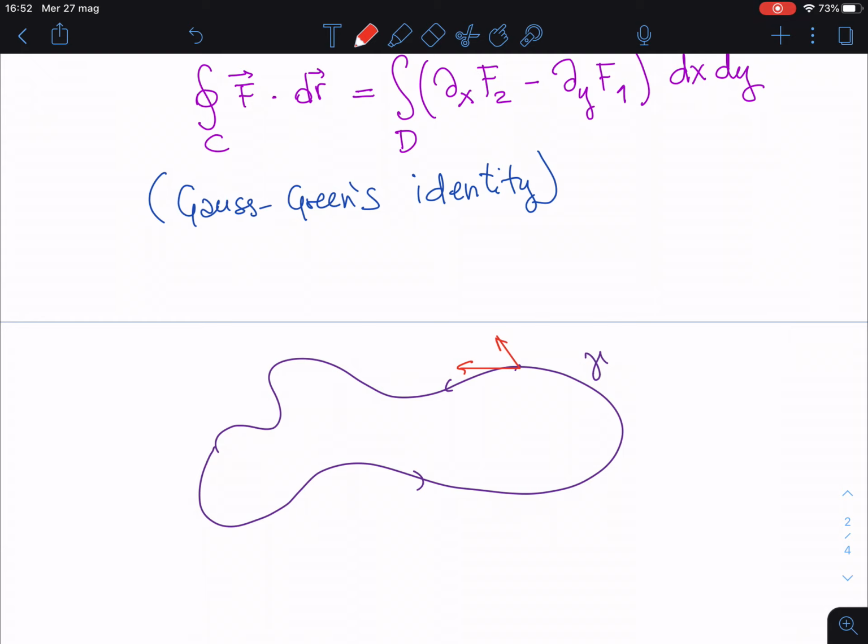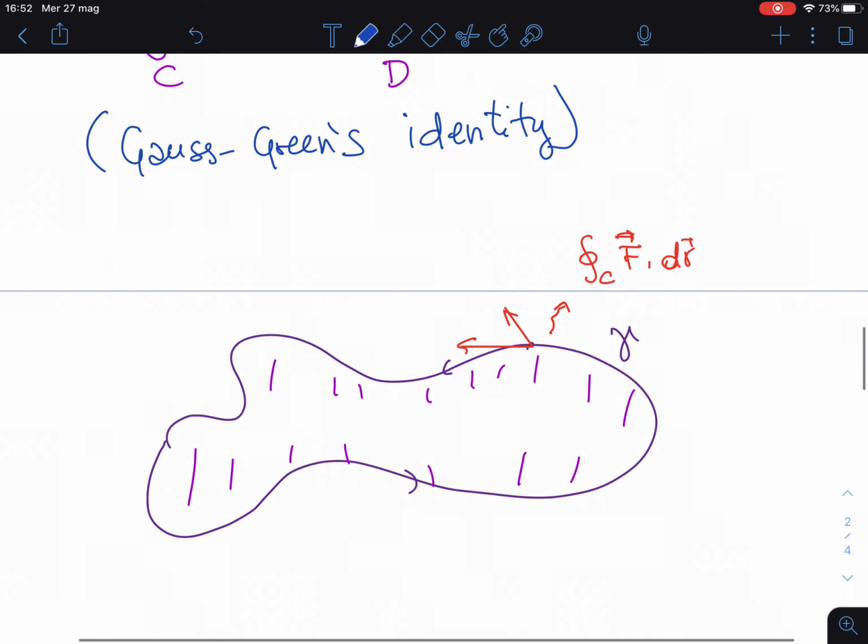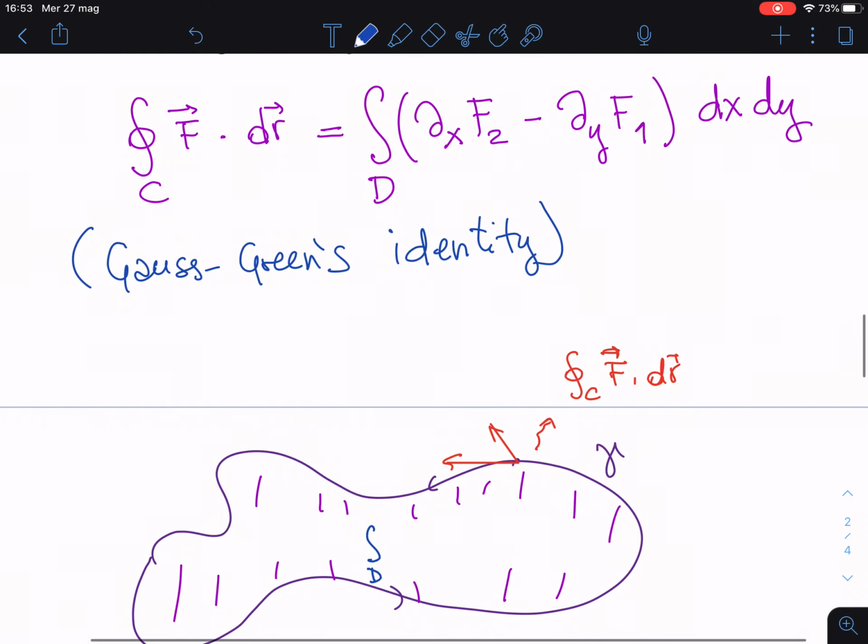So you have the circulation on C of F times dr, and what you find then is that the circulation is equal to the double integral of this strange integrand function, dx f2 minus dy f1, dx dy.